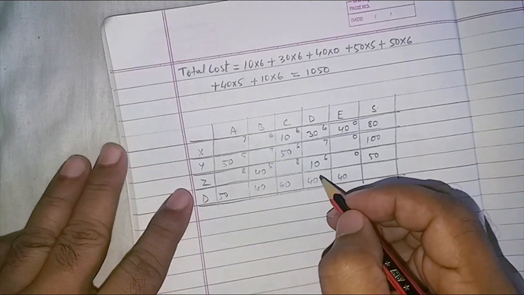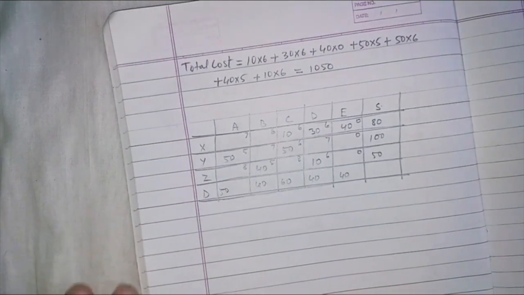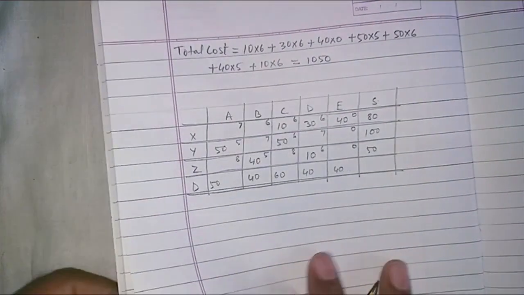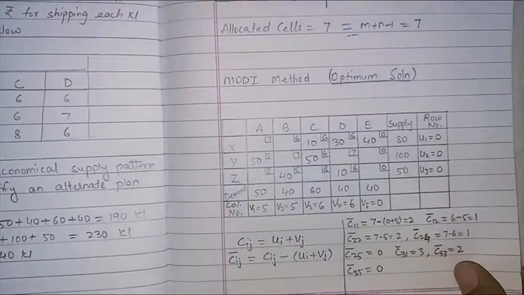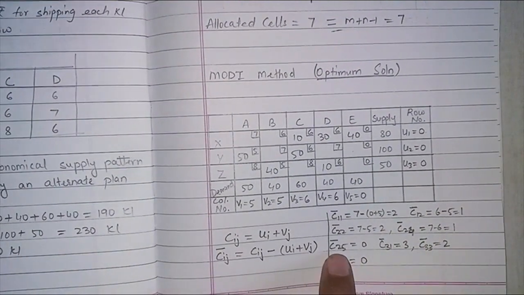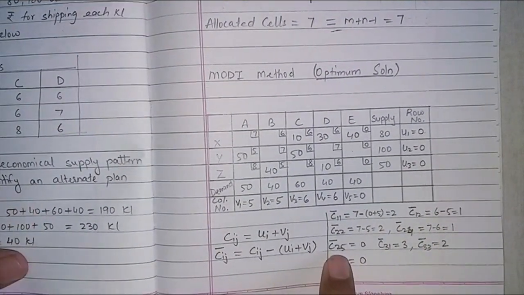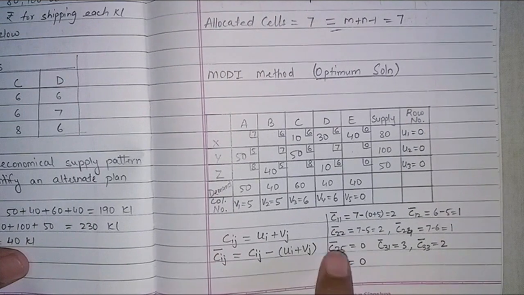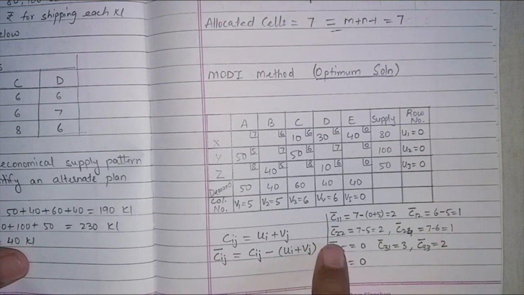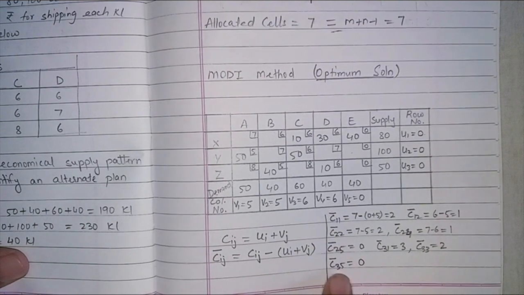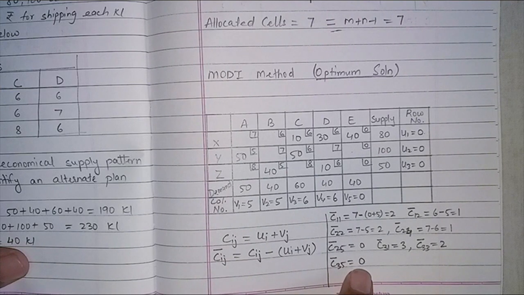This was my solution, and we had got 0 in two cells here. C25 bar you can call it, and C35 bar, which is your opportunity cost for the two cells, was 0.